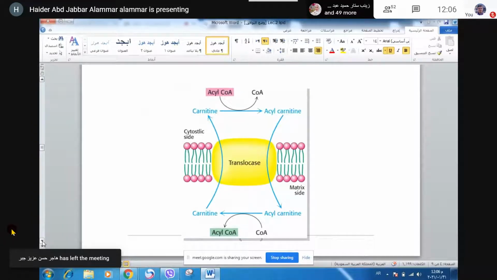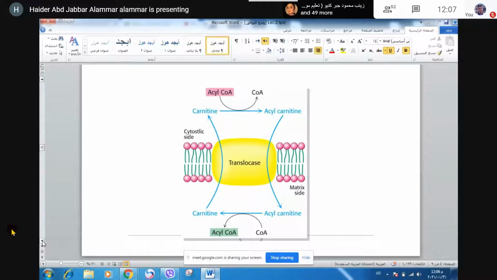First of all, as you see here in the red or pink color, the activated fatty acid, acyl coenzyme A, binds to carnitine by the action of carnitine acyltransferase 1 to form acyl carnitine, and the translocase enzyme makes it pass through the intermembrane space to the inner mitochondrial membrane.